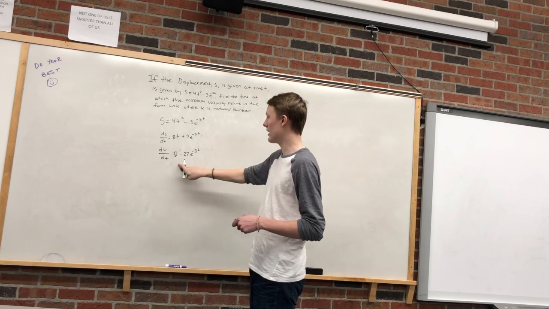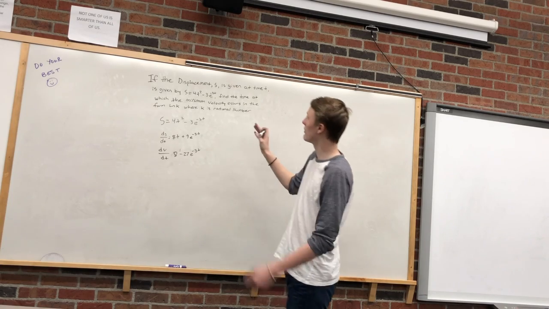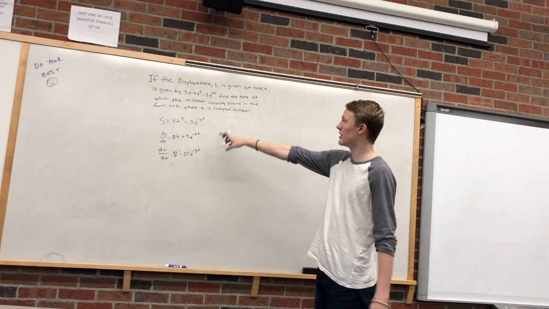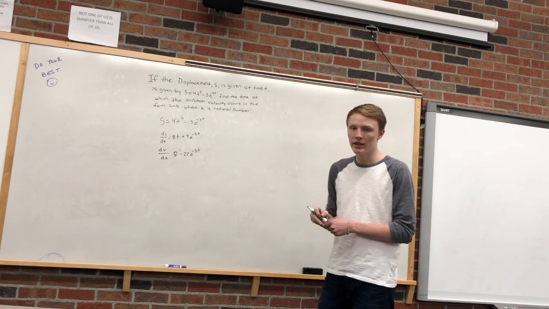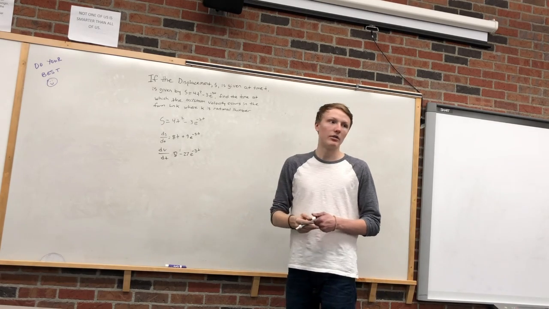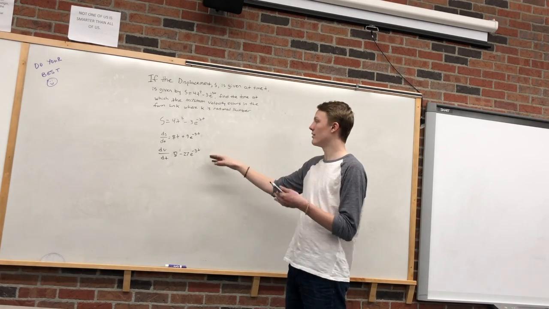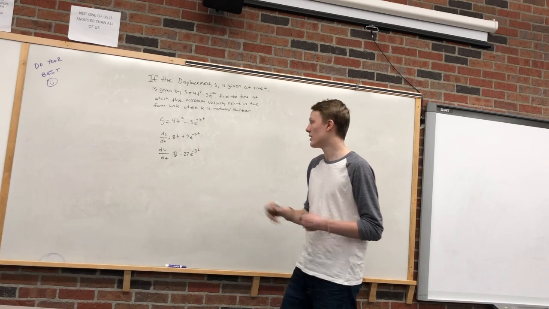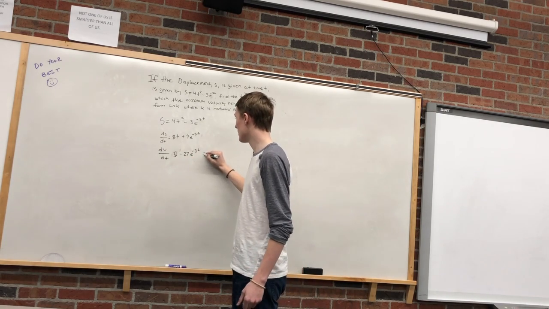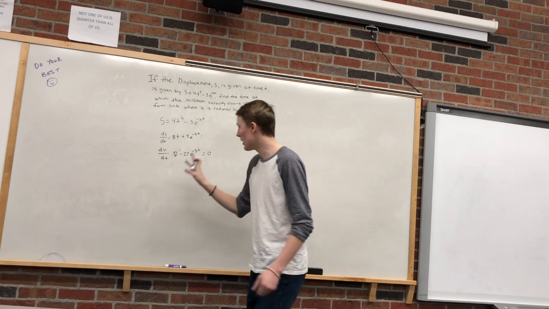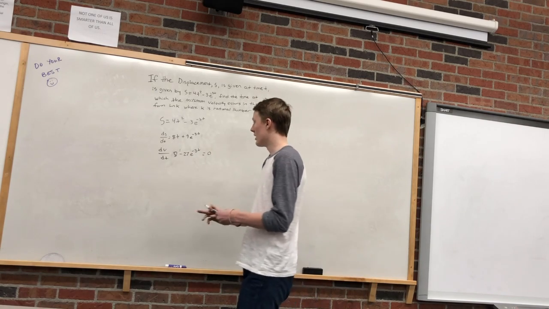Alrighty, and so that is our velocity function. We want to find the minimum velocity. When you find a minimum, the derivative of this function is equal to 0. So you set it equal to 0, and now we solve for t.